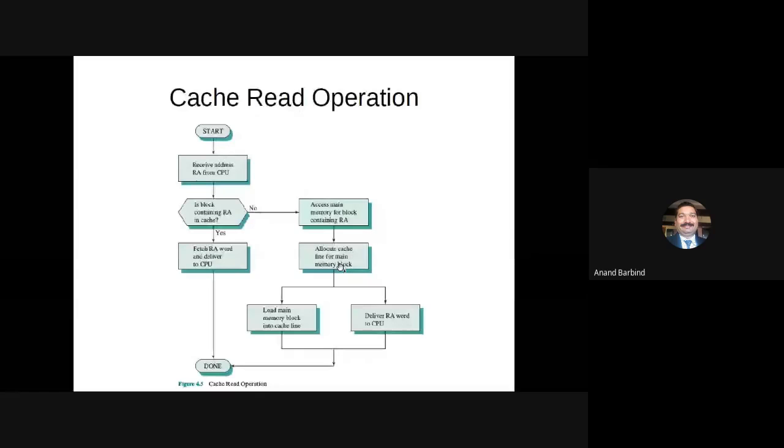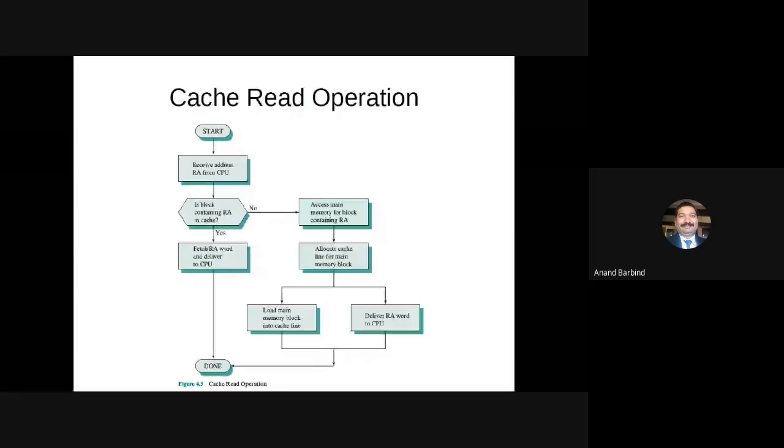So for allocating the line, it may be looking for a free line, but many times a free line may not exist. So in that case, some line will be swapped, that is, some line from the cache will be removed, and this new block will be loaded into the cache memory.